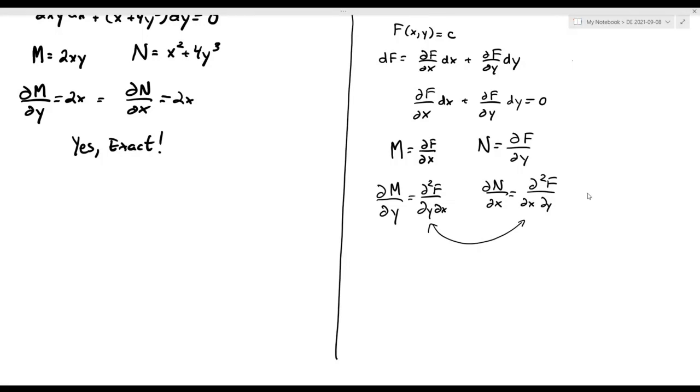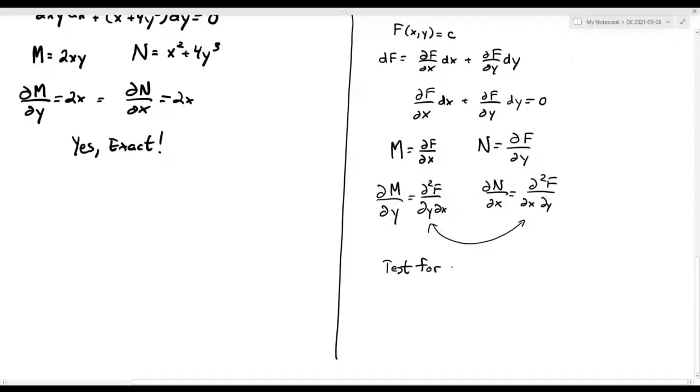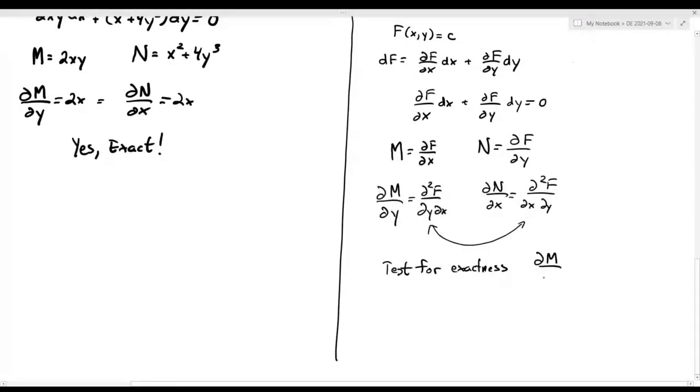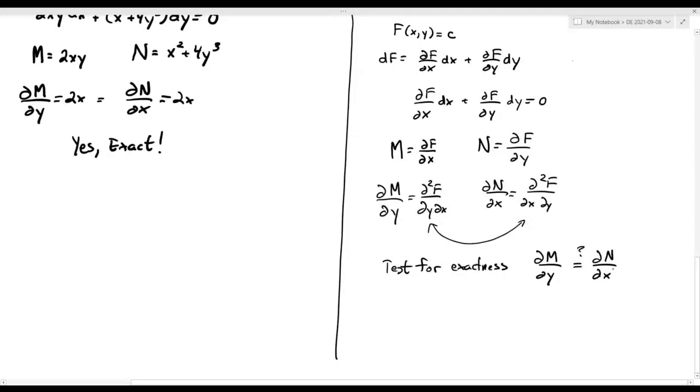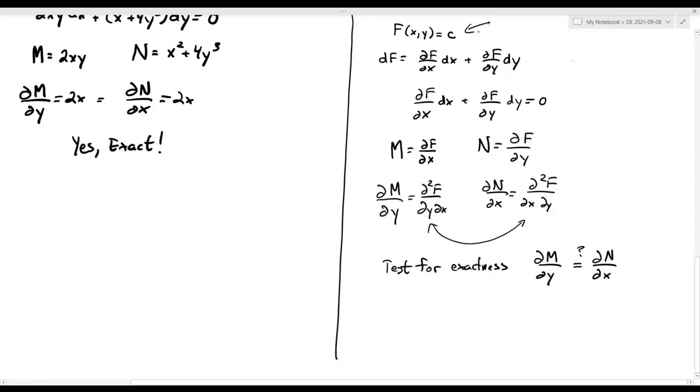So when we test for exactness, we're taking advantage of the fact that mixed partial derivatives are equal. So these should be equal if our differential equation came from taking a total differential of some level curve there.